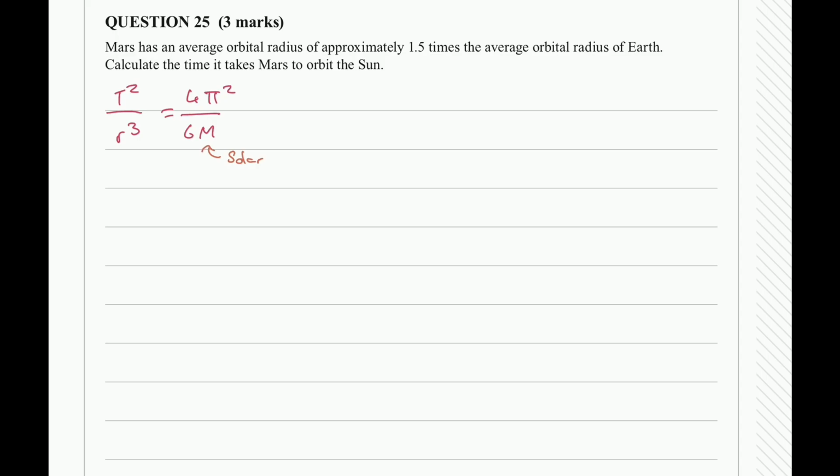So what we can think of in terms of this is Kepler's law can also be written as T squared over r cubed is equal to k, and k can be Kepler's constant for, say, our Sun in our solar system that we're orbiting around. The reason for that is we know 4 isn't a changing variable, nor is pi squared.